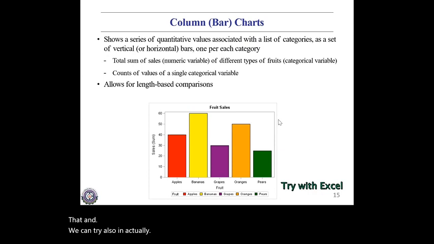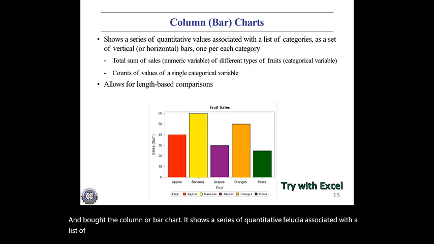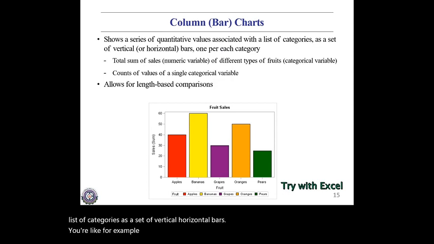And about the column or bar chart, it shows a series of quantitative values associated with a list of categories, as a set of vertical or horizontal bars. Here, for example, in this chart, we have apples, the red one, yellow shows the bananas, purple shows the grapes, orange, and green shows pears.